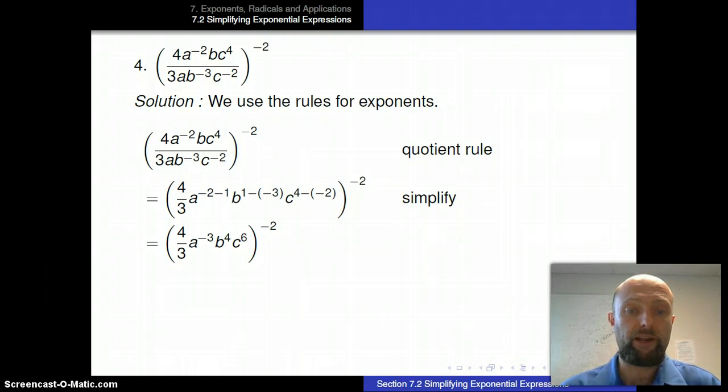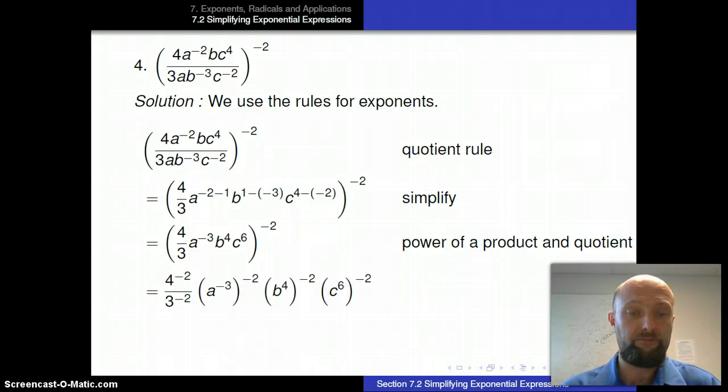raised to the power negative 2. We are taking the power of a product or a quotient, so the rule applies, which tells us that we have to take each factor to the power negative 2.